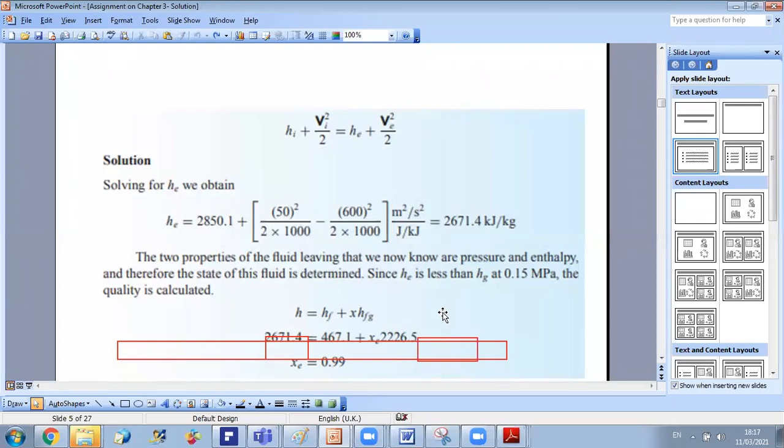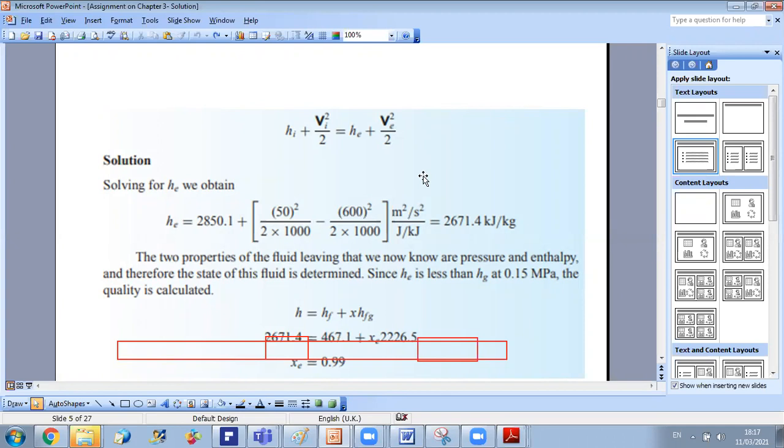We talk about X only in the phase between 100% saturated liquid and saturated vapor. After the point of saturated vapor, we don't talk about quality because X will remain 100%. We talk about the superheated state in this case.